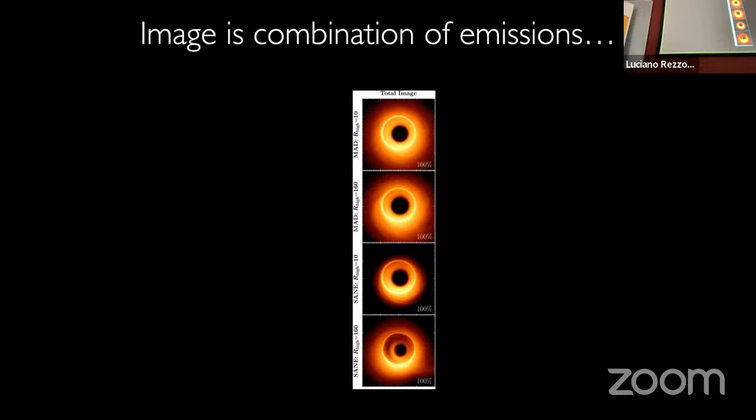To explain this better, suppose that I have these 4 images. These are coming from 2 different MAD simulations. So these are R high 160, R high 10, and this is the same. The parameters in your simulations are temperatures and the mass of the... So no more than temperatures.